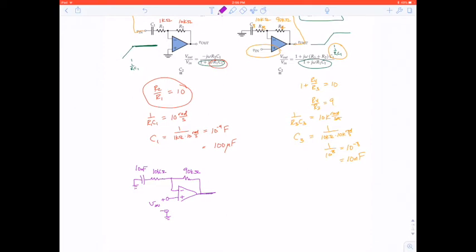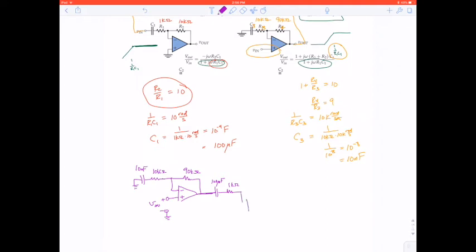And we cascade this with the inverting configuration, and we've chosen a 100 microfarad capacitor, pretty large capacitor, and we have a 1 kilo ohm resistor. Now, if we wanted to make that capacitor value smaller, we could replace the 1 kilo ohm resistor with a 10 kilo ohm resistor, but then we'd have to also replace R2 with a 100 kilo ohm resistor.